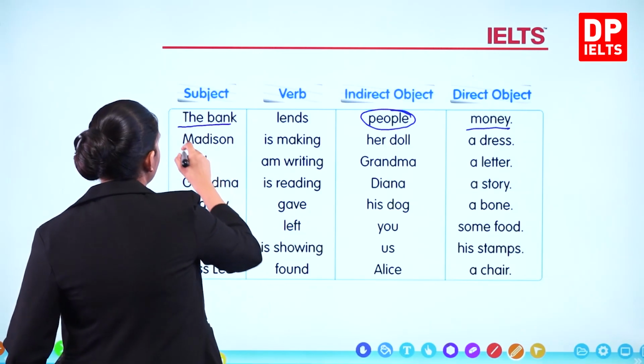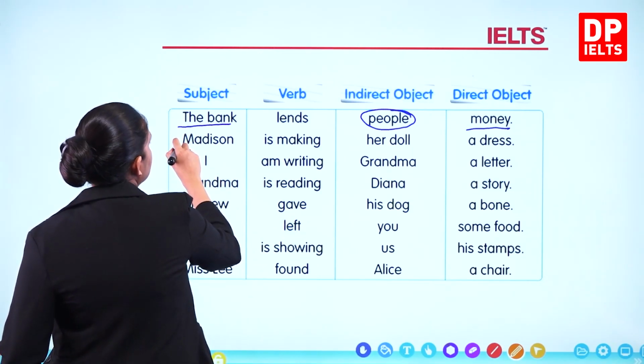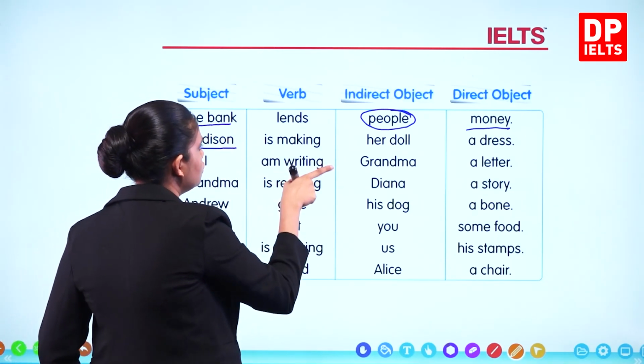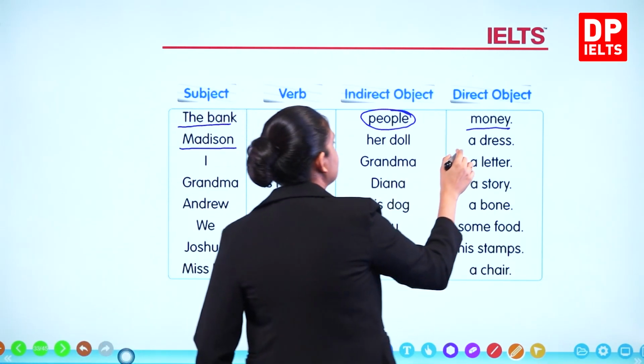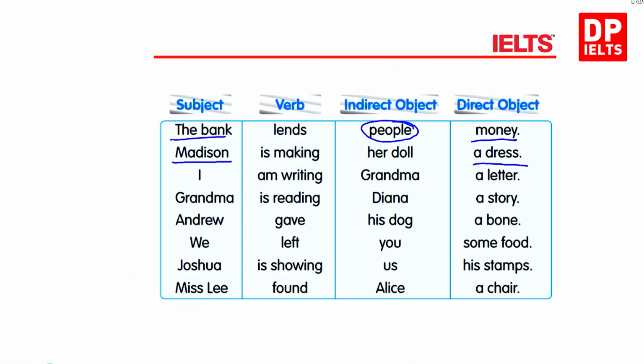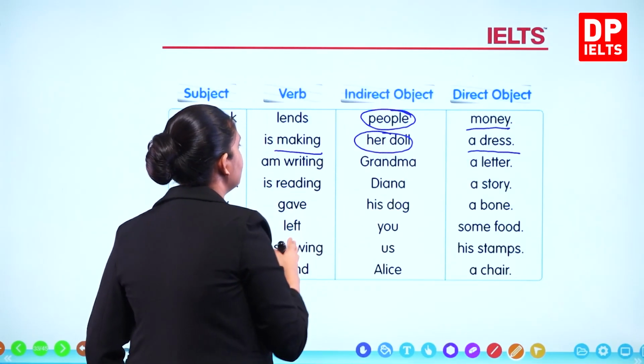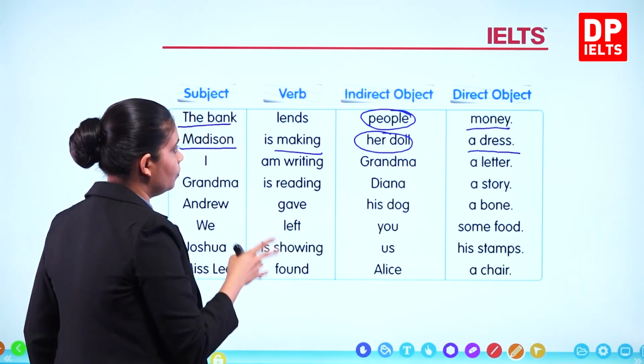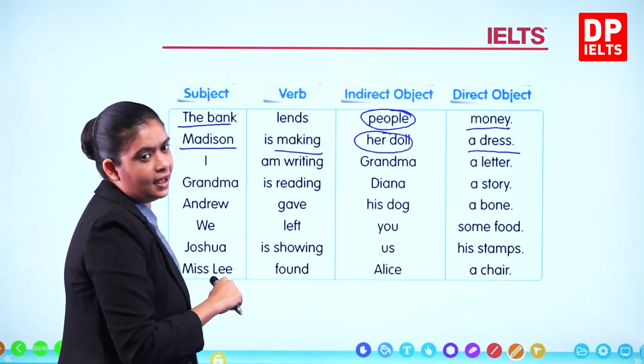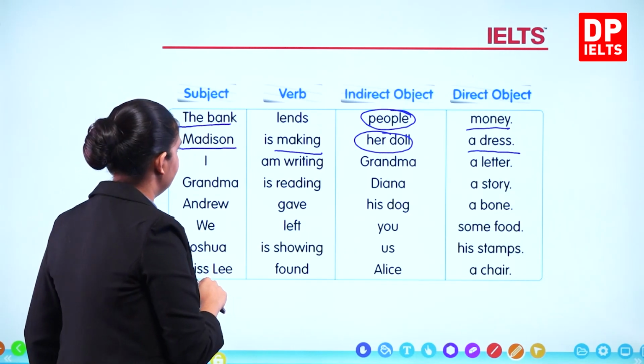Who is making her doll a dress? Madison. What is she making? A dress. The verb is making, for whom? Her doll.